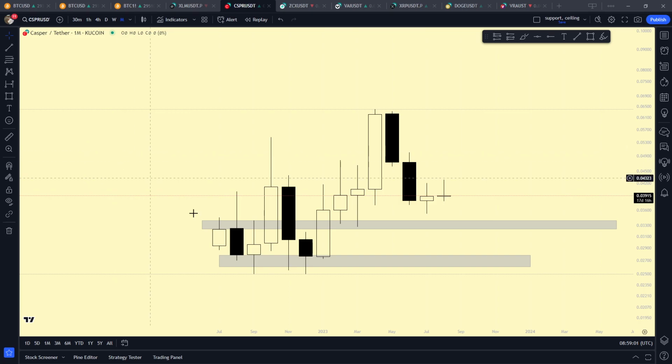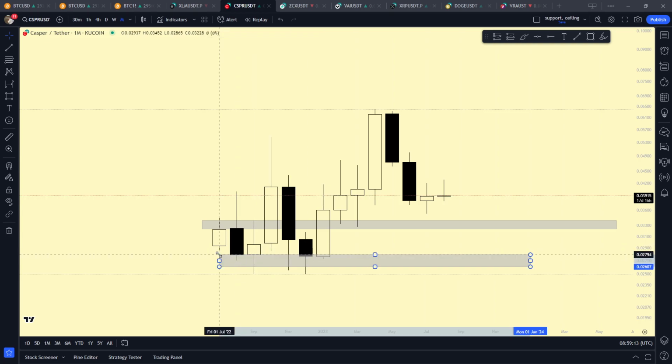All right, so it needs at least two touches. We can see that it has four bodies touching it right here. So yeah, this is a very strong support zone for Casper.